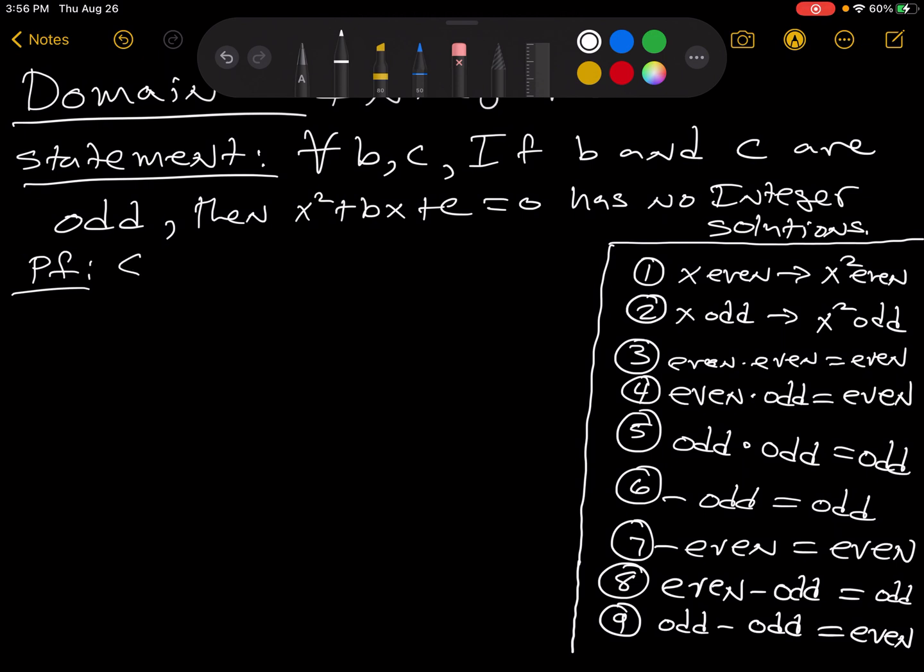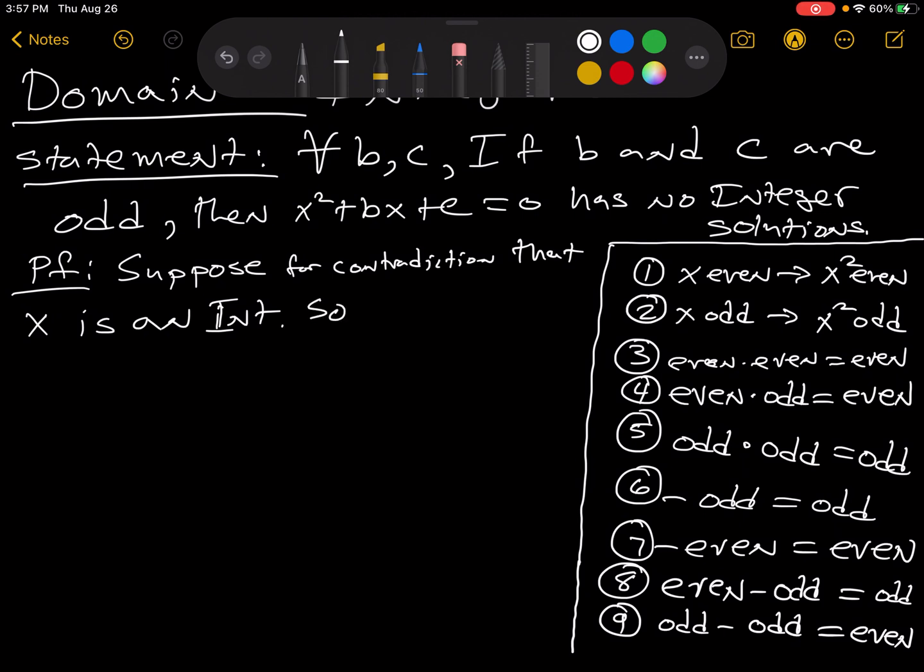So we're going to say, suppose for contradiction that x is an integer solution for x squared plus bx plus c equals 0.